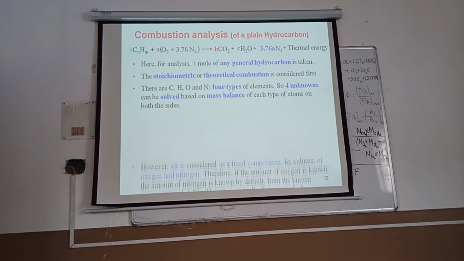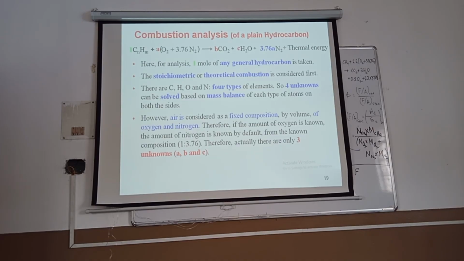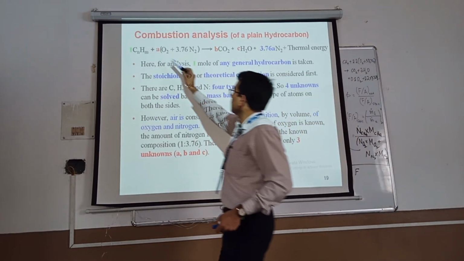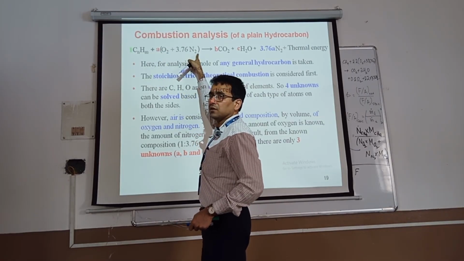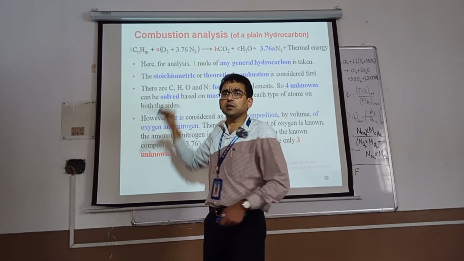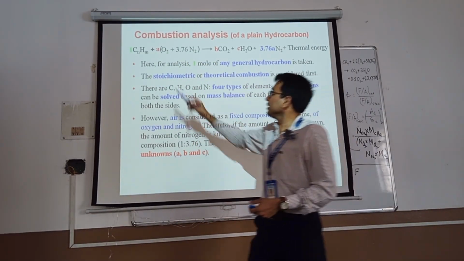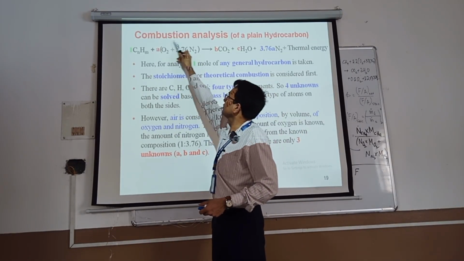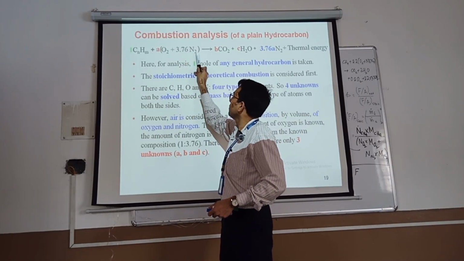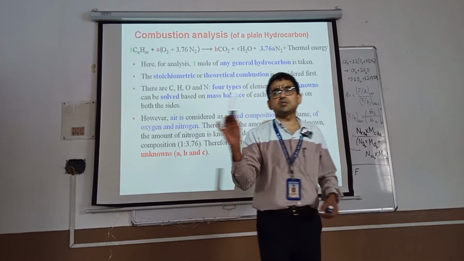Clear or not? So however here is considered fixed composition by volume. So it is a fixed composition by volume. That means within this bracket, this part will not change. Is it clear? Whatever I write, O2 plus 3.76 into this is fixed composition. So within this bracket, that term will not change.